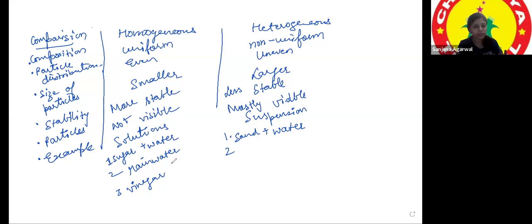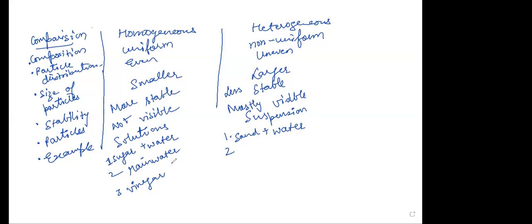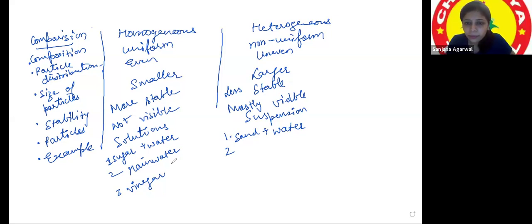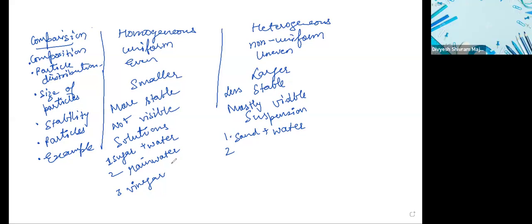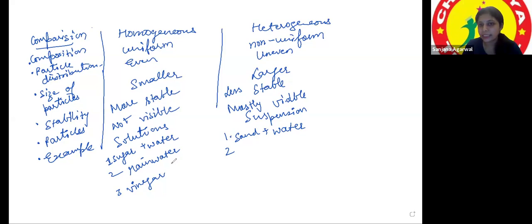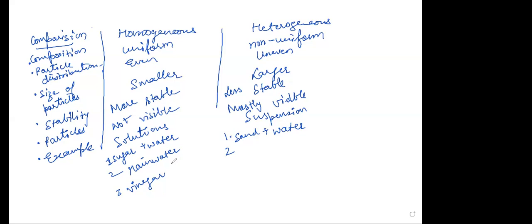The mixture in which, by just looking at it, you can see it contains these substances, like oil in water and all, those are heterogeneous. Squeezing lemon juice in water is homogeneous, and lemon in water is heterogeneous.